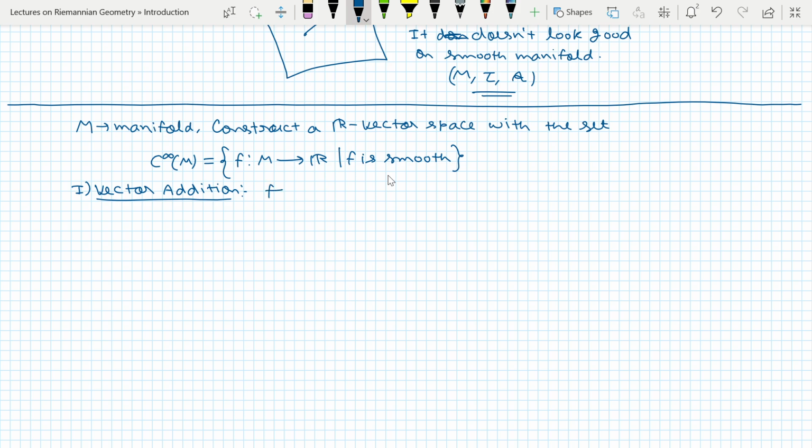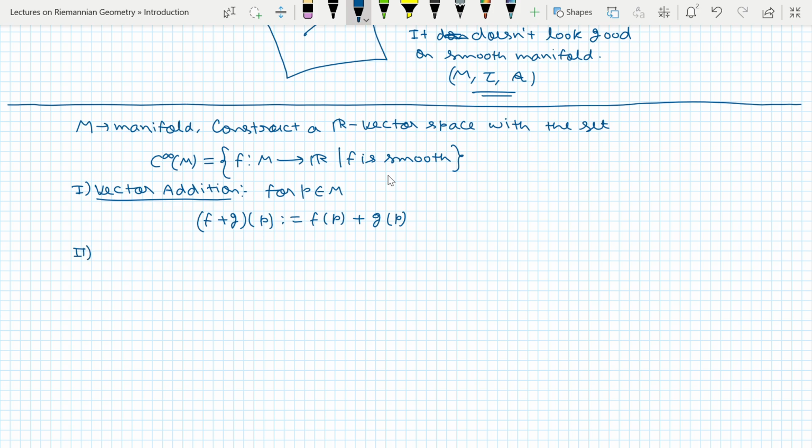So let's say for a point p belonging to M, we define in the following manner: (f plus g) at p equals f evaluated at the point p plus g evaluated at the point p. You evaluate both and then add them up. This is how you define the vector addition.